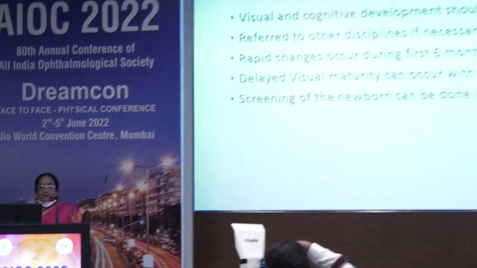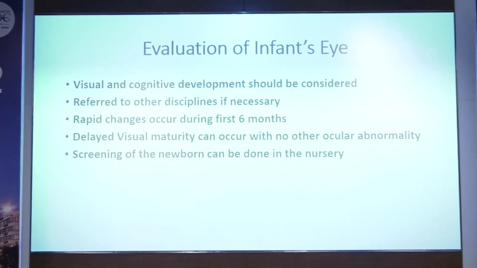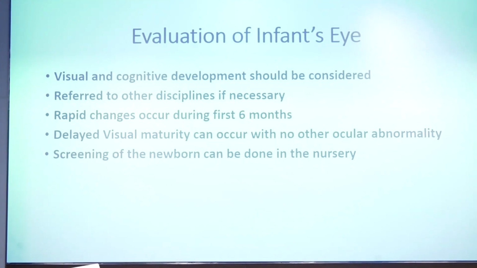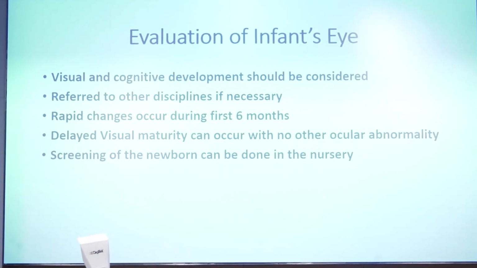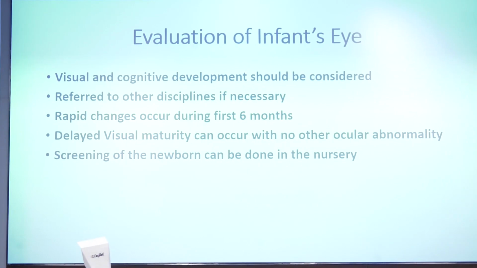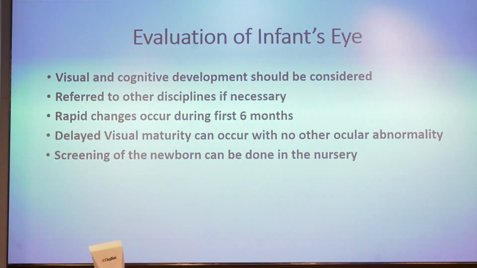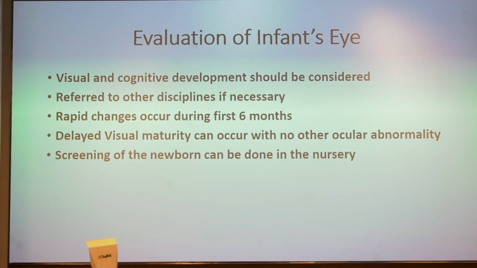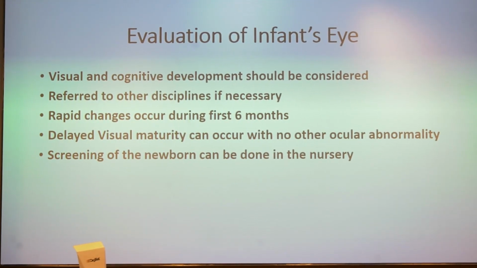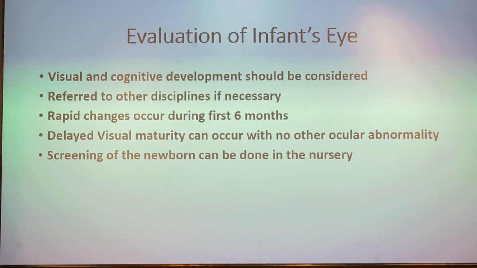It's not just the examination of the eye. And the child should be referred to other disciplines if other cognitive factors are also abnormal. Rapid changes occur during the first few months, and delayed visual maturity can occur with no other ocular abnormality. So we have to see them again to see if there is actually a visual problem.